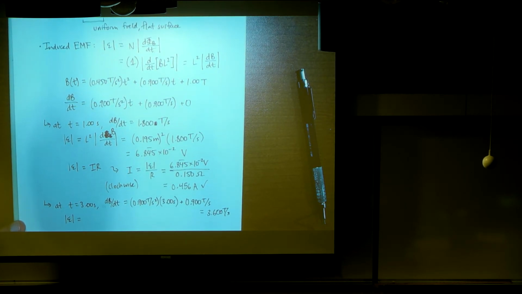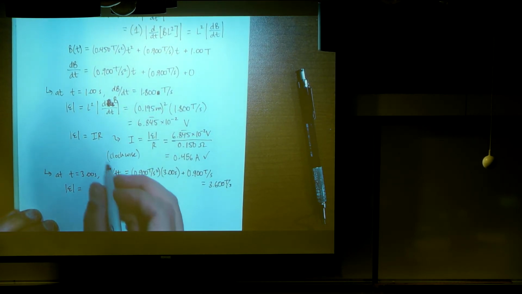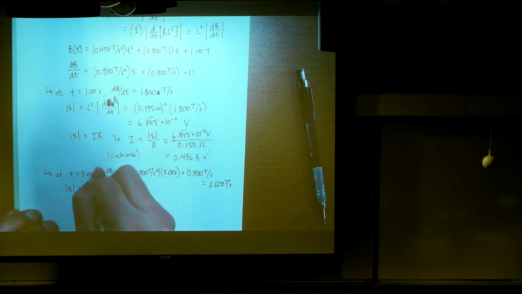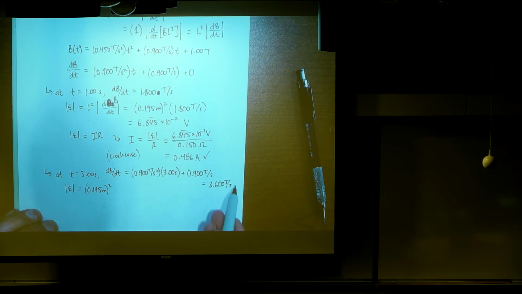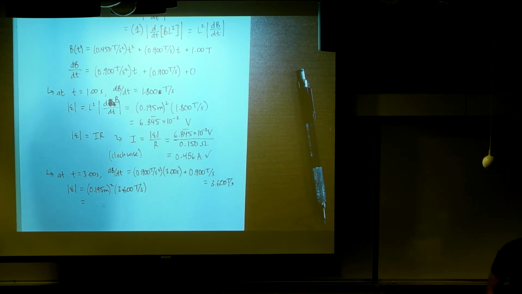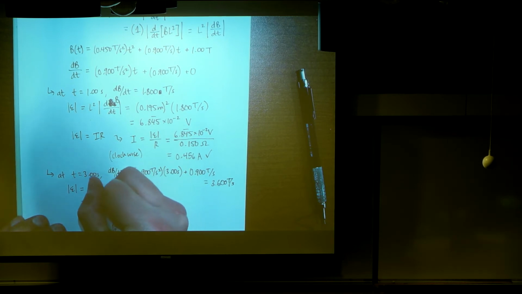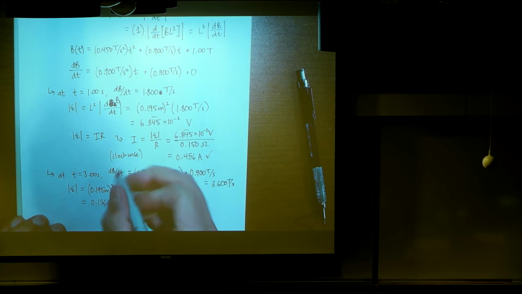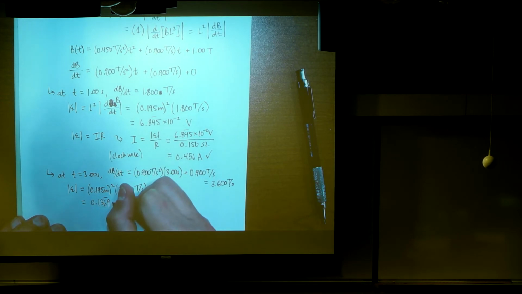So we have L squared, which is 0.195 meters squared, times the derivative of our magnetic field, which is 3.6 Tesla per second. Okay, and that works out to how many volts? 0.1369 volts.